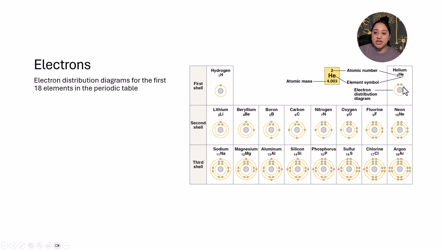And so if this shell is full, and there's another proton and another electron, the electron's going to go to the next shell. So this is lithium. The next shell has a total of 1, 2, 3, 4, 5, 6, 7, 8 electrons. So if there's a total of 10 electrons, 2 are going to be in the first shell, and then 8 in the next shell.